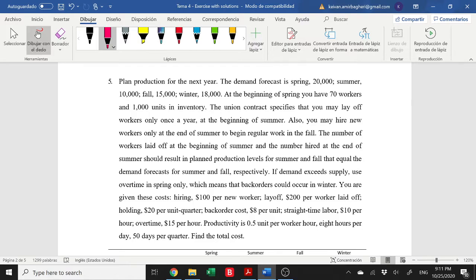Okay, so as you see, the policies and the strategies that we reviewed before are just happening in this exercise for some specific periods. The number of workers laid off at the beginning of summer and the number hired at the end of summer should result in planned production levels for summer and fall that equal the demand forecast for summer and fall respectively, for sure.